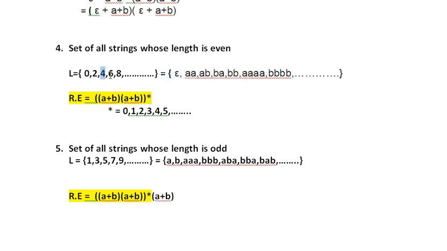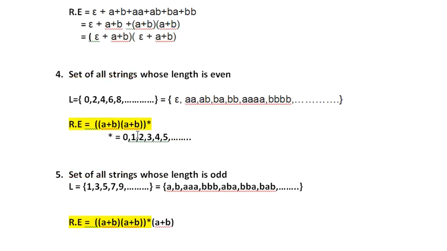Like this, it will be length 6, length 8, and keep on going. So this is the perfect regular expression solution for the set of all strings whose length is even. Clear? Now moving to the next question, I think it is very much clear. The same preliminary concept: length equal to 2, you take the initial part and then you can raise the whole to the power asterisk. Okay.